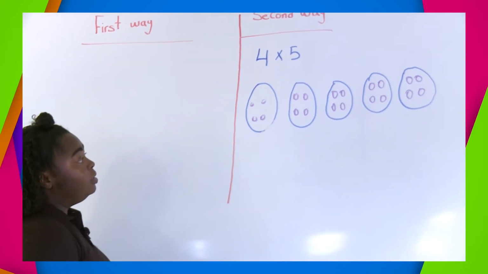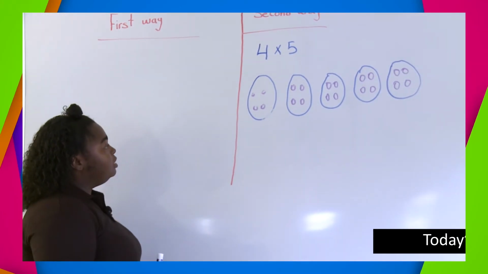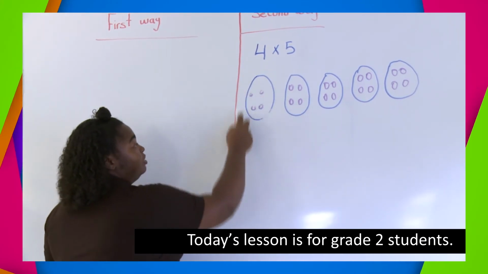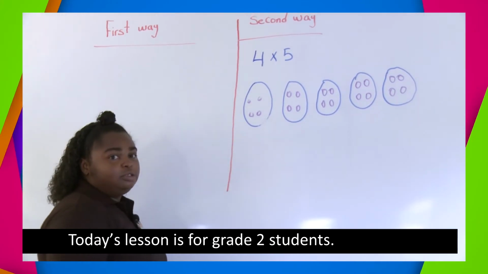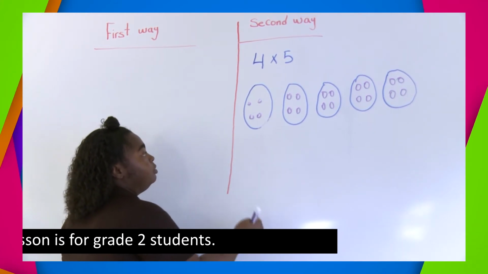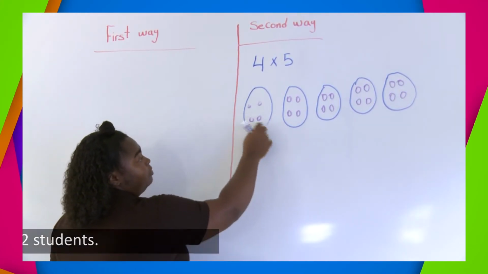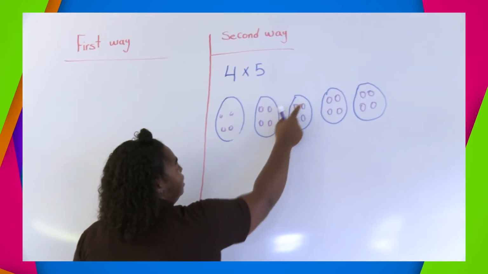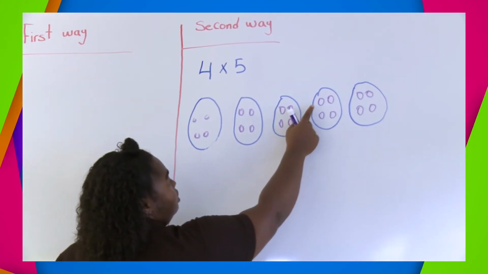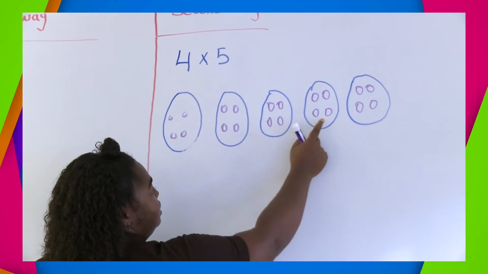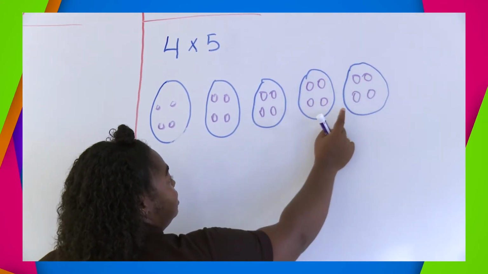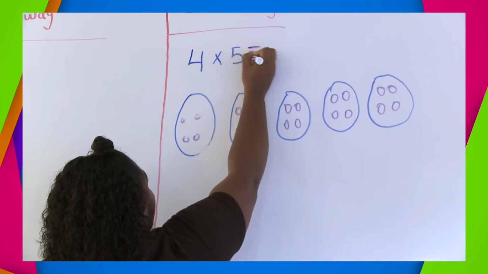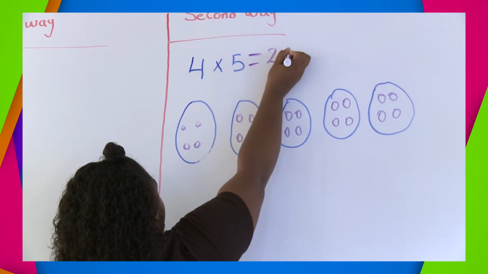Awesome. Now let's count how many circles we have all together. Remember, the first one, we already know it's 4. So we're going to continue adding 4, 5, 6, 7, 8, 9, 10, 11, 12, 13, 14, 15, 16, 17, 18, 19, 20. And that's our answer.